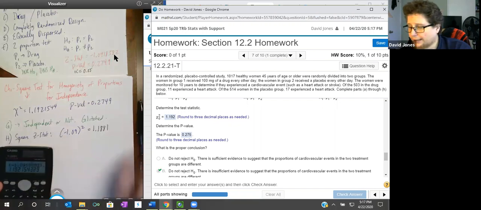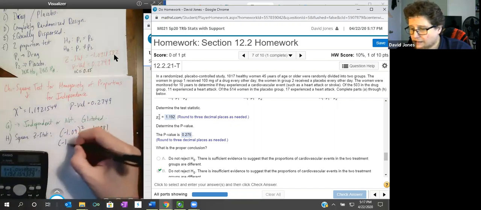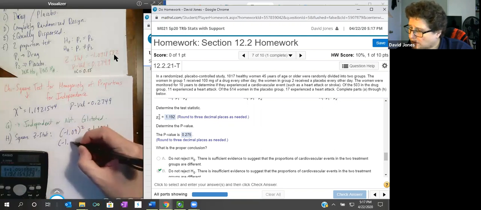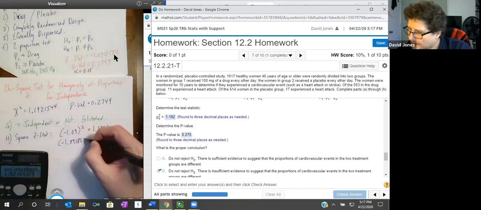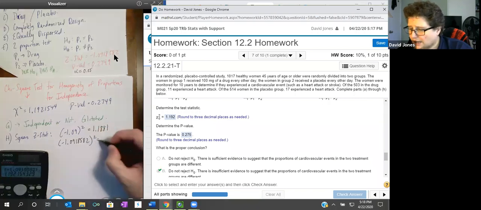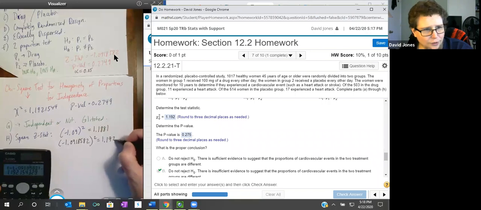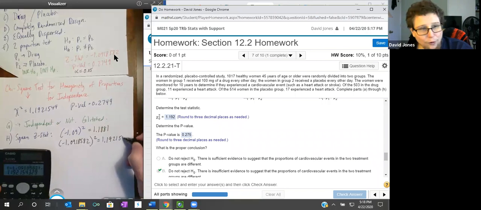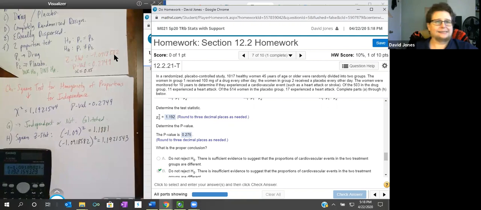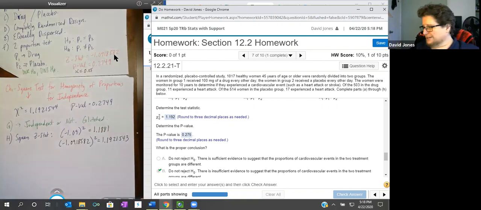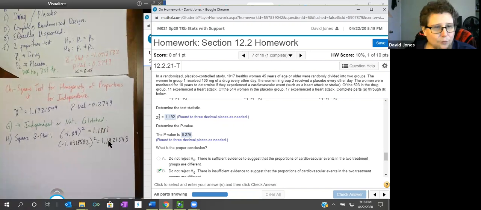When I put the whole thing in, I get 1.1921543. It looks like we're off by a single value way down the end of the road. 192, 192, 154, 154.